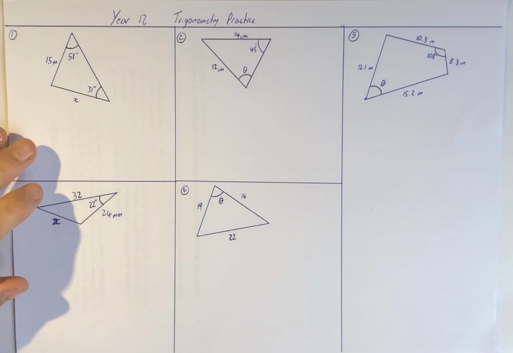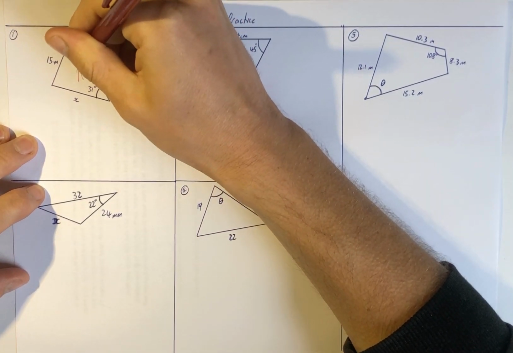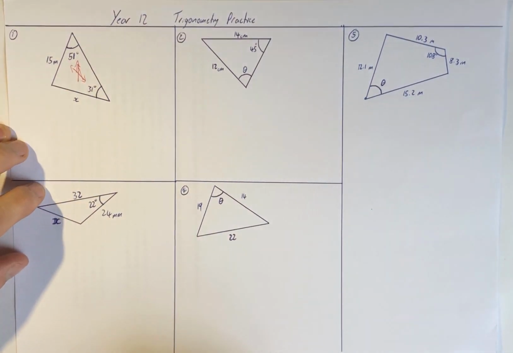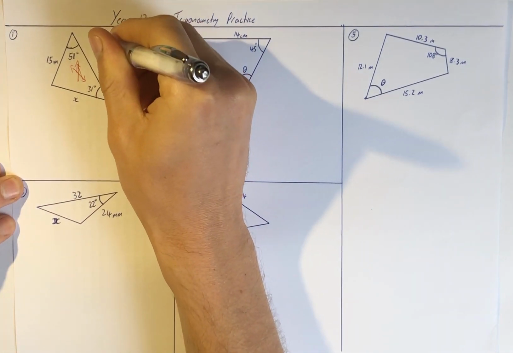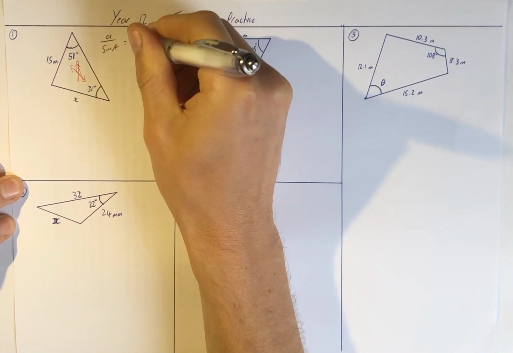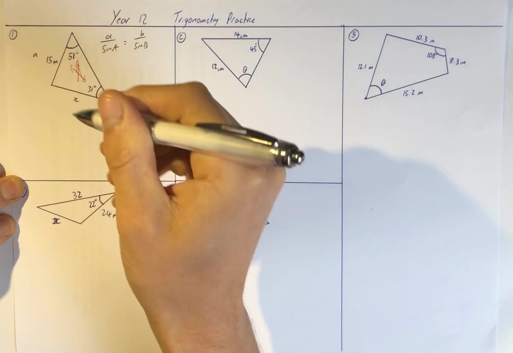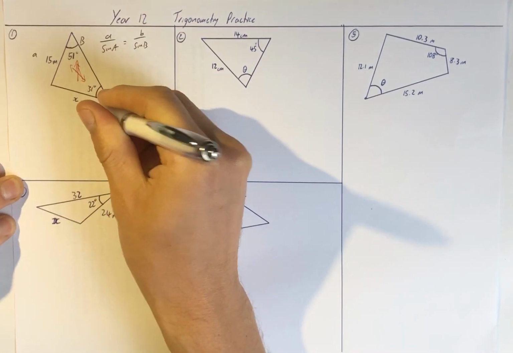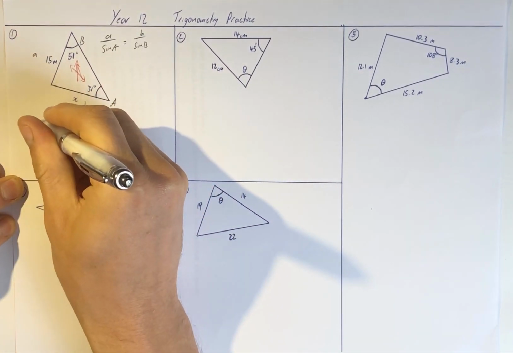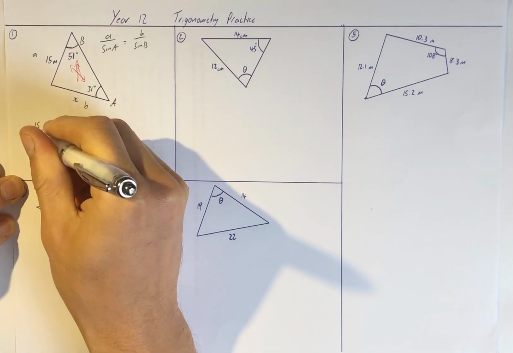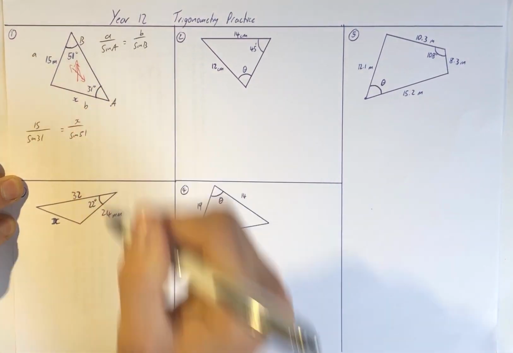So question 1. We're dealing with opposite sides and opposite angles, and it's a side we want. So using the sine rule, a over sine A is b over sine B. If we call this angle A inside A, angle B inside B, then we're going to have 15 over sine 31 equals x over sine 51.